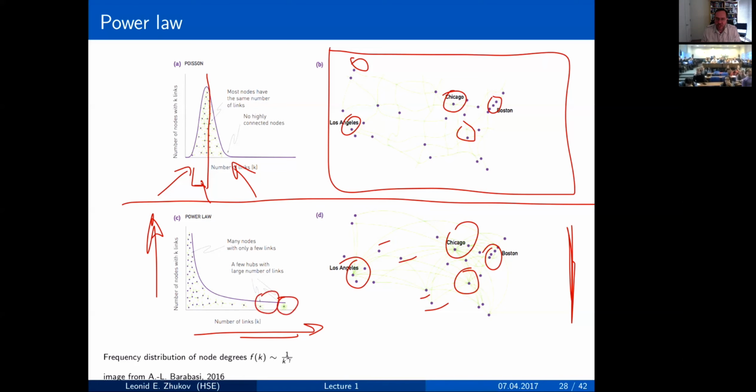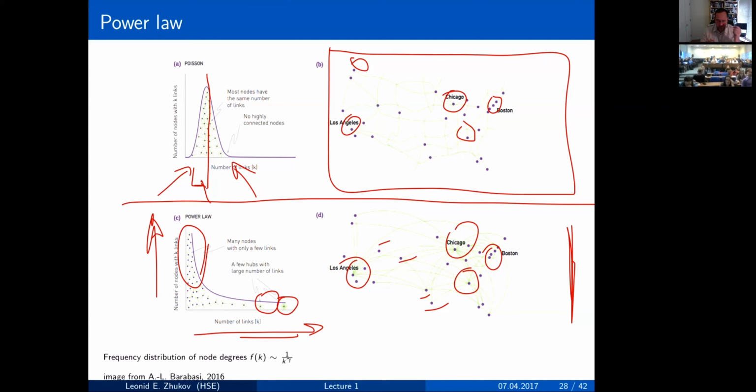Again, those hubs: Chicago, LA, New York, Atlanta. But the majority of the cities have very few connections. The majority of the cities are actually very small. In fact, if you plot just the population of the cities, it will follow the same property of a few cities being very large and a lot of them being very small.